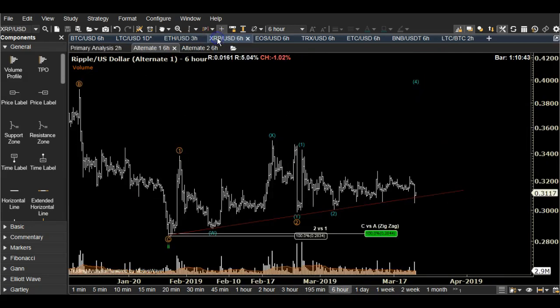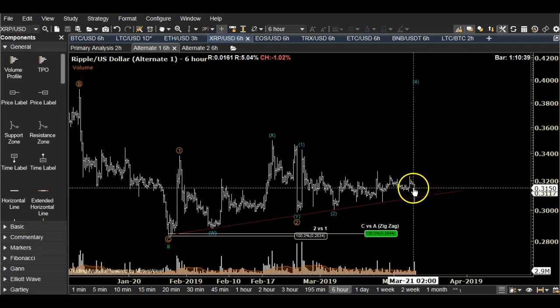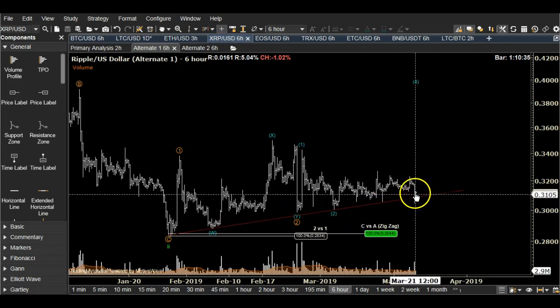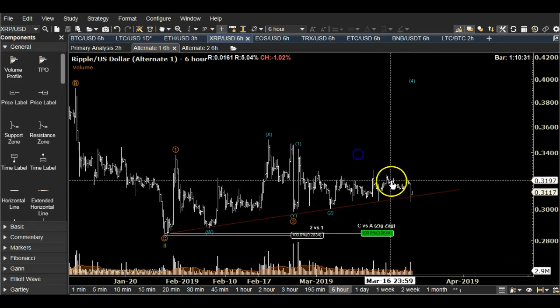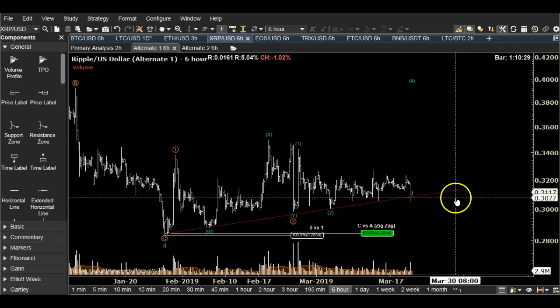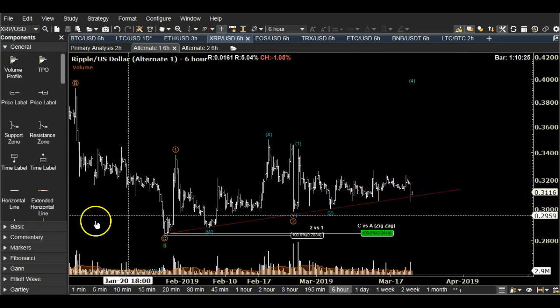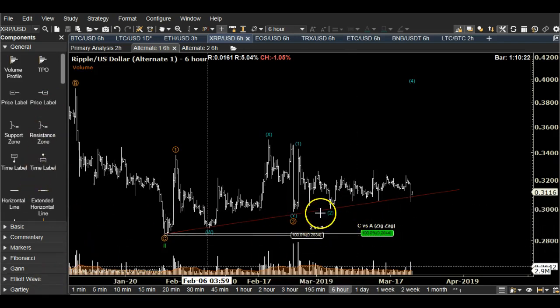All right, Ripple, this is the trend line, and it's dipped below again. We're moving back up higher, so I'm not willing to let go of this count just yet. Ripple is just bouncing around a lot, so for right now it's contained within this box here.